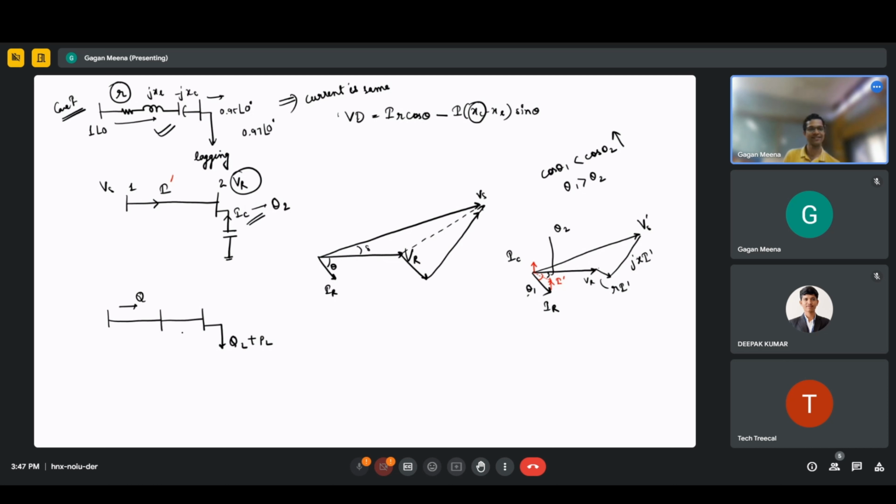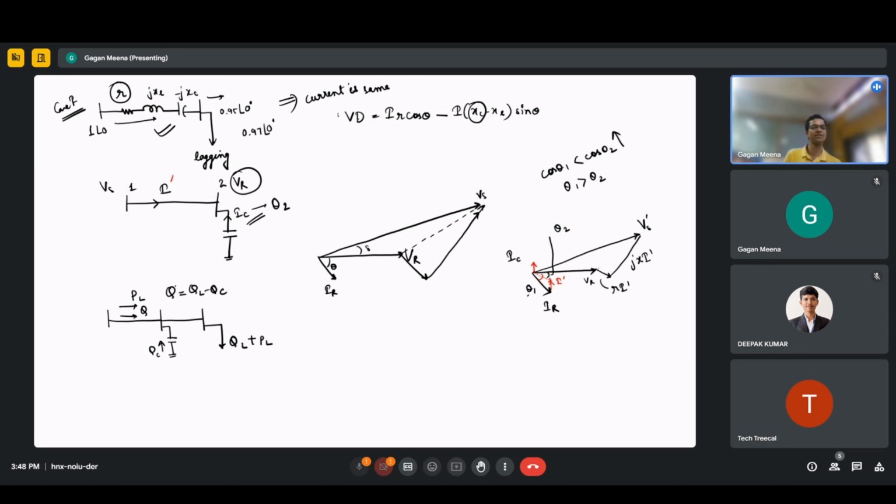And this capacitor is providing QC reactive power, no active power. So from the substation we are drawing P, so you have to supply this PL, and the net Q required will actually be QL minus QC.